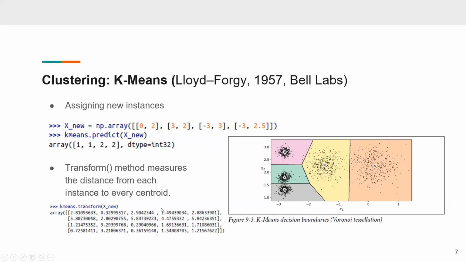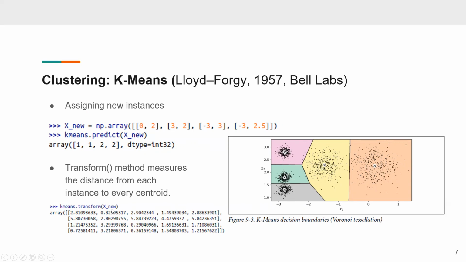And this transform method measures the distance from each instance to every centroid. The centroid is the cluster center. So let's look at this one, 0, 2. It has a distance of 2.81 to the first cluster, which is this one, 2.882.